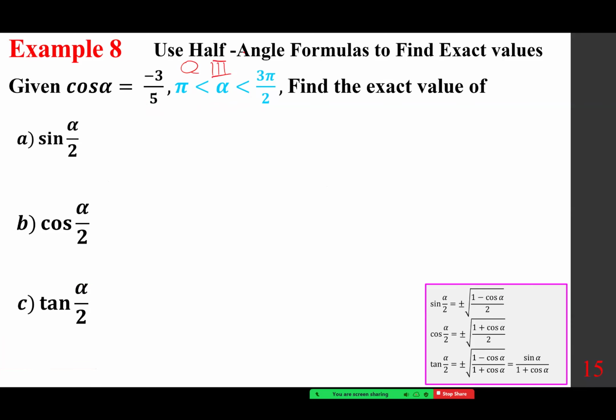We cut it in half. Half, half, half. This becomes pi over 2. This becomes 3 pi over 4. And that puts us in the second quadrant, quadrant 2, everybody. So we know things are in quadrant 2. In quadrant 2, the only thing positive is sine, right? And of course, with sine goes cosecant. Everything else is negative.